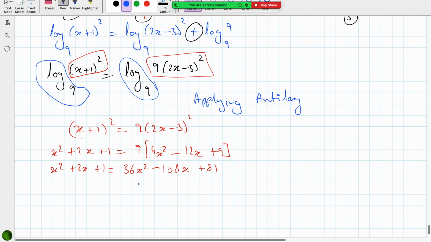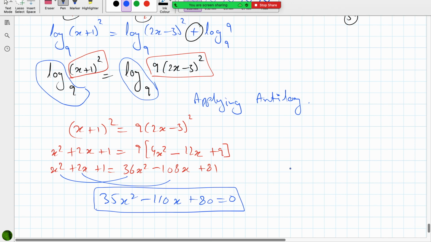Now we rearrange. 36 minus 1 is 35x square. Negative 108 and 2 is negative 110x. 81 minus 1 is plus 80 is equals to 0.